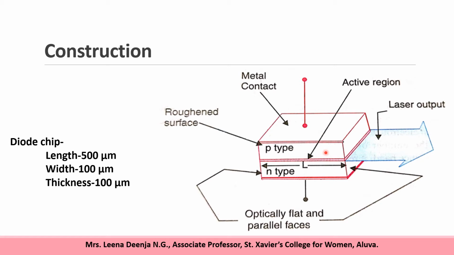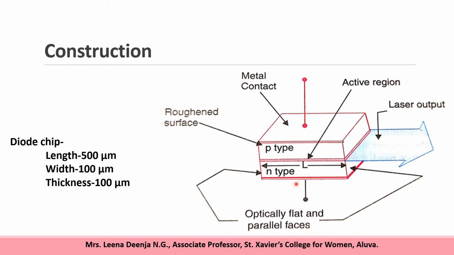A heavily zinc-doped layer constitutes the heavily doped P region above this N region. The diode is extremely small in size. Typical diode chips are 500 micrometer length, 100 micrometer wide and 100 micrometer thick.